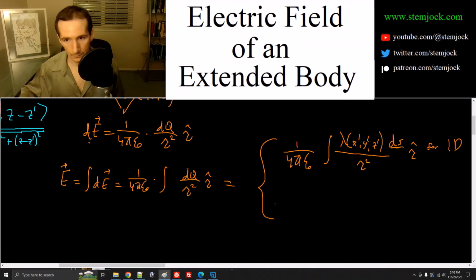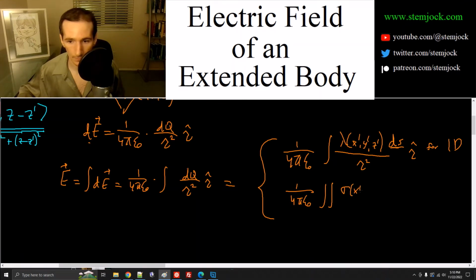And in two dimensions, we use a surface charge density, which is sigma. It is, in general, a double integral because now we're in two dimensions. So this is going to be sigma at the location x prime, y prime, z prime, dA over r squared times the unit vector r hat.